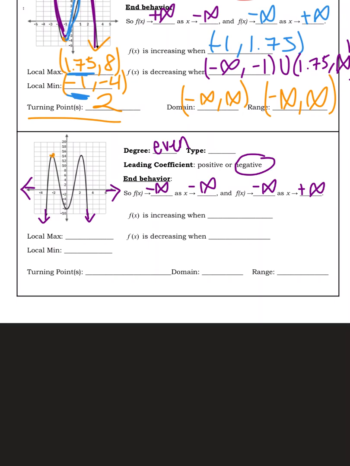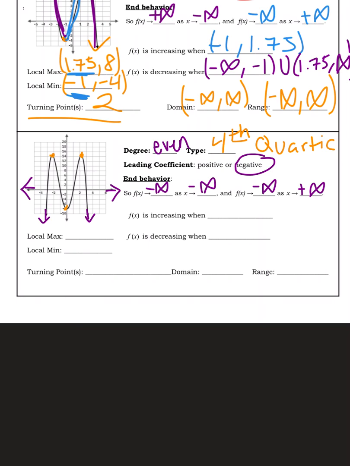First, I'm going to look at my graph and I'm going to see that there are 3 turning points, which means that this is a 4th power. And what do we call the 4th power? We call it quartic. Q-U-A-R-T-I-C. Quartic.